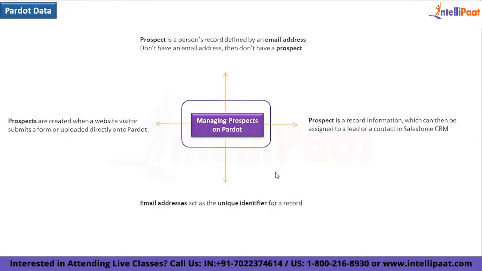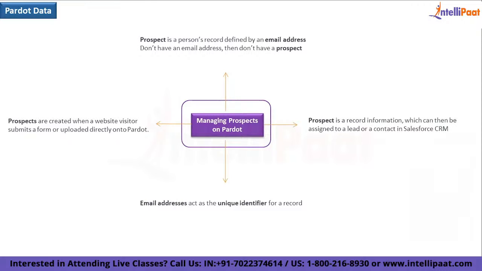And the email address acts as a unique identifier on the prospect, and the CRM ID is the priority when it comes to managing or syncing with the CRM. Otherwise, within Pardot, it's always the email address. Later, I will let you know what has happened. For your information, as of now, if you want to manage prospects on Pardot, you can do so without the CRM ID, but they are not allowing us to.